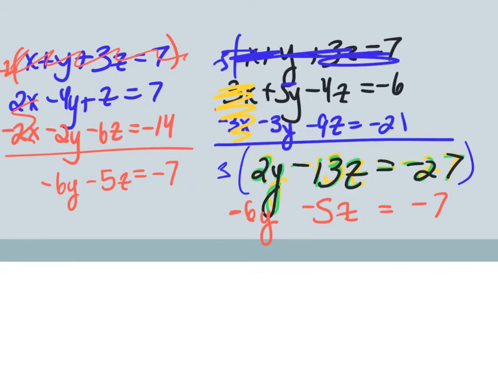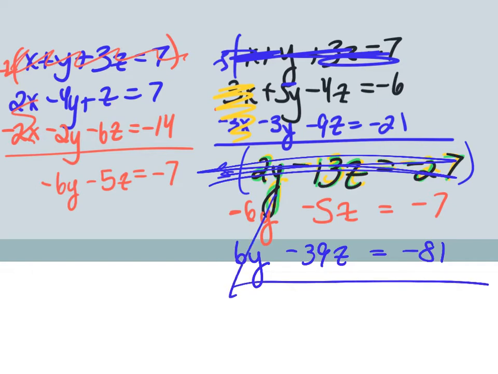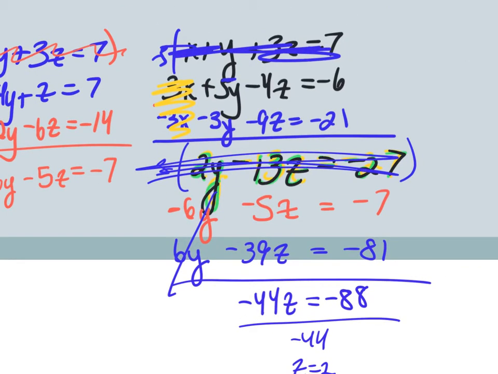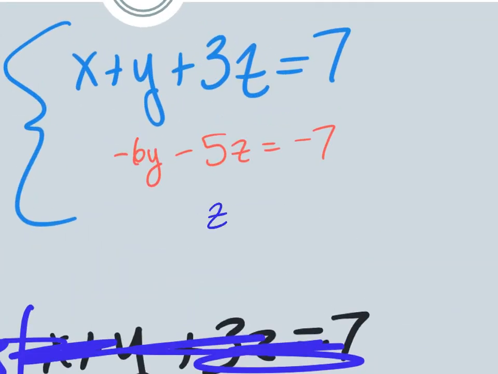So 3 times 2 would be 6y minus 39z equals negative 81. Combine. Negative 44z equals negative 88. So z equals 2. It's a long one, but right now we have z equals 2.